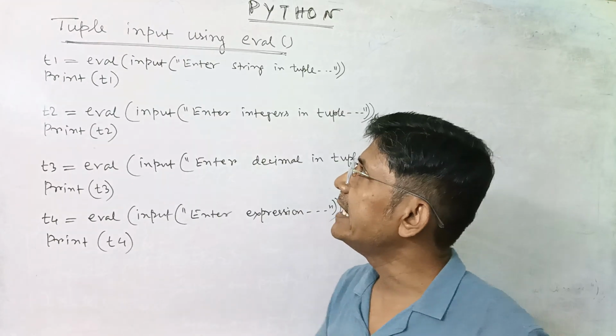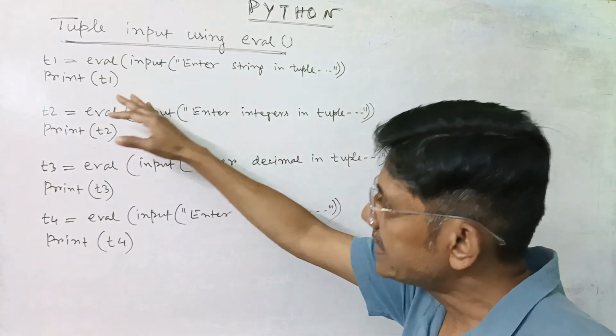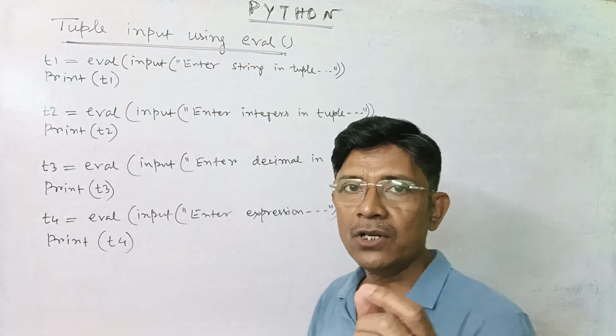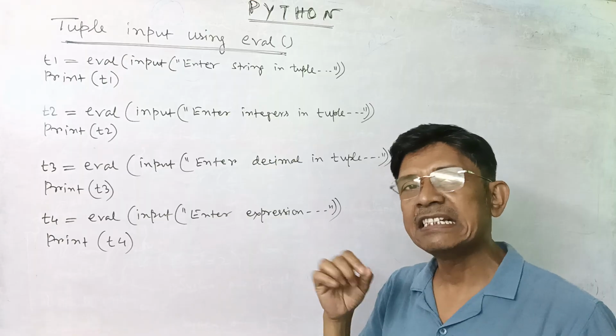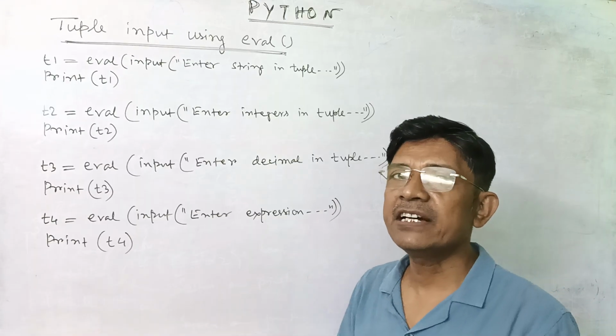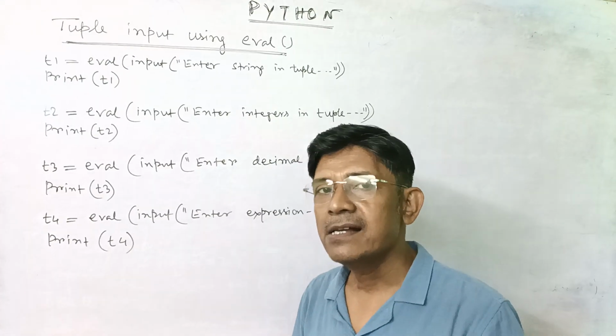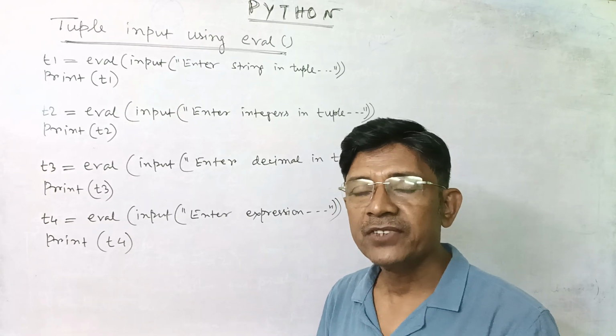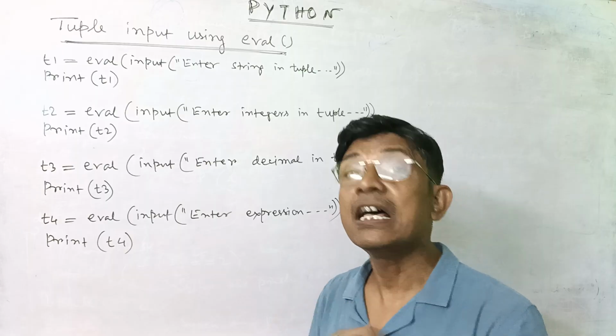You see that I have written tuple input using eval. Now this time I have used the eval function. Previously we saw that after creating a tuple we can give the value input or integers without eval.